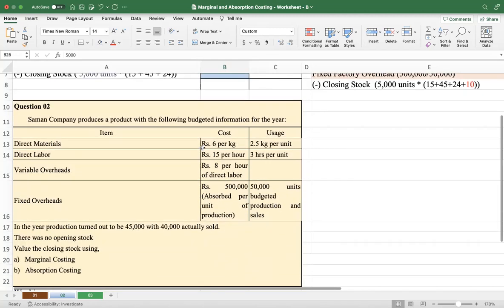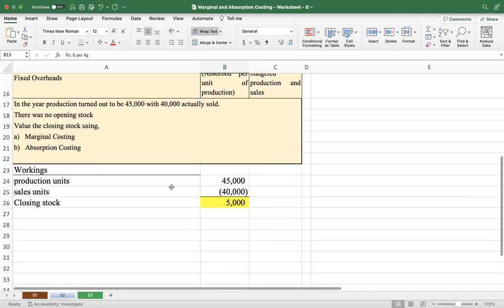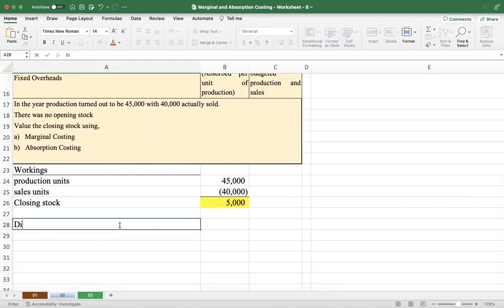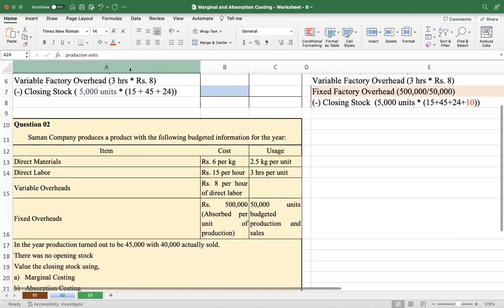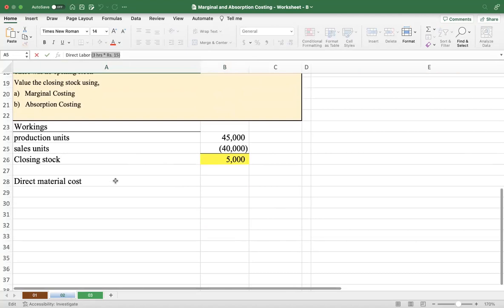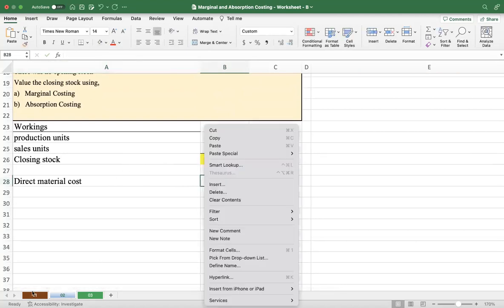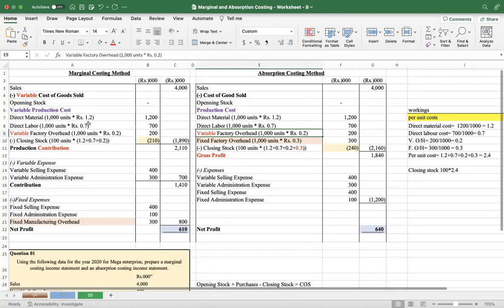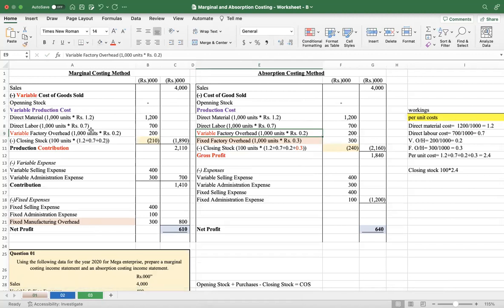So let's find out direct material cost. Let me do the working here. I have shown it here as well. It's okay if you show it here like this, or else you can show it separately. In the previous sum also, I showed the per unit values here.